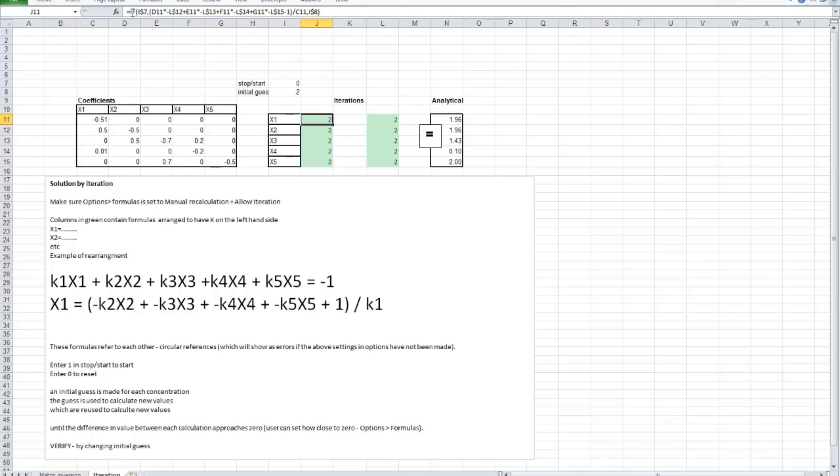The formula evaluates the 0. If I7 is 0, then the formula evaluates to I8, which is 2, and that formula is in all of these cells. That if statement's in all of them. So they're all evaluating to 2.